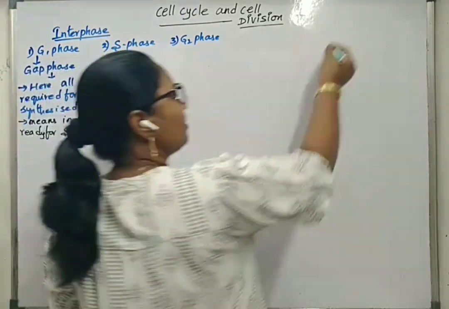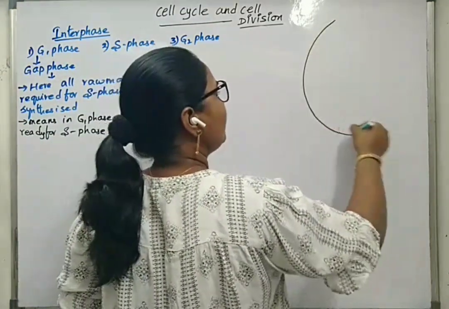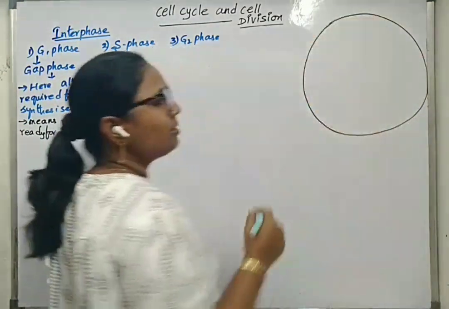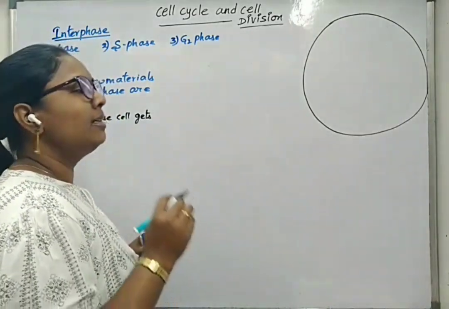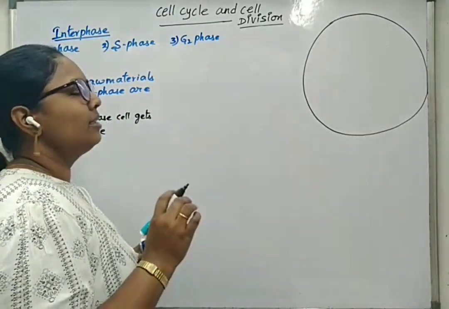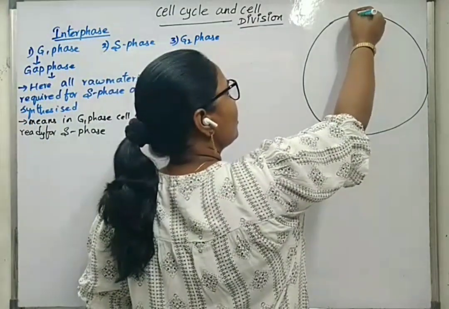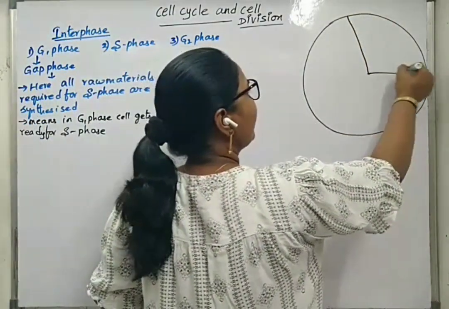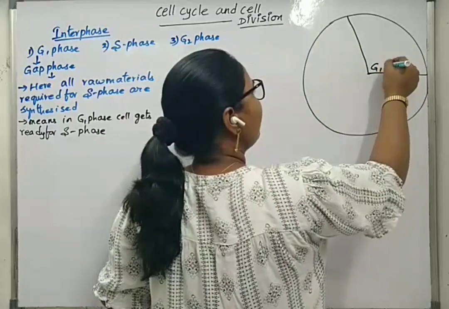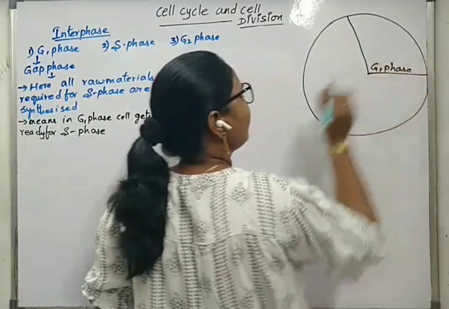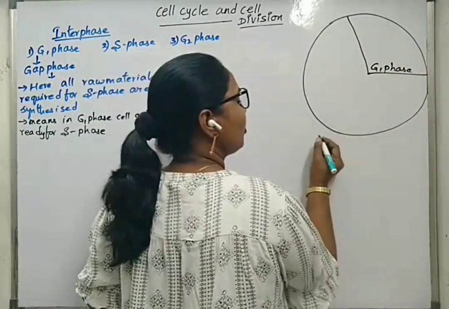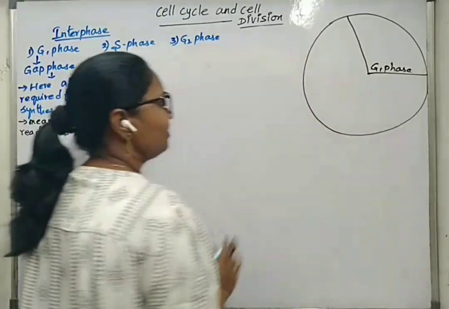So think that this is the time. This is not the circle. Think that this is just the time required for completion of interphase. So we will represent the time taken by G1 phase. Here I am writing, this total circle is the time.